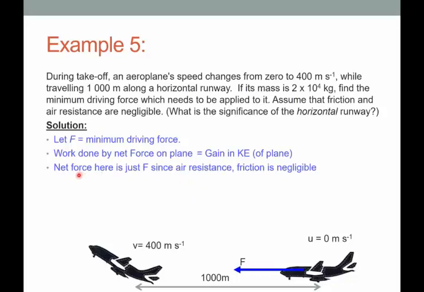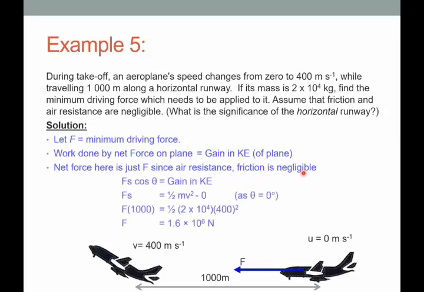I said the net force is just F because air resistance and friction are negligible. The formula for work done is Fs cosine theta. Since F and the displacement are in the same direction, theta is 0, so Fs is equal to the gain in the kinetic energy.